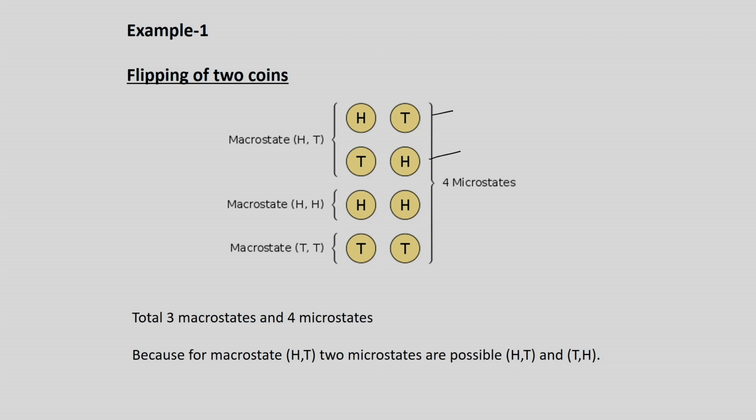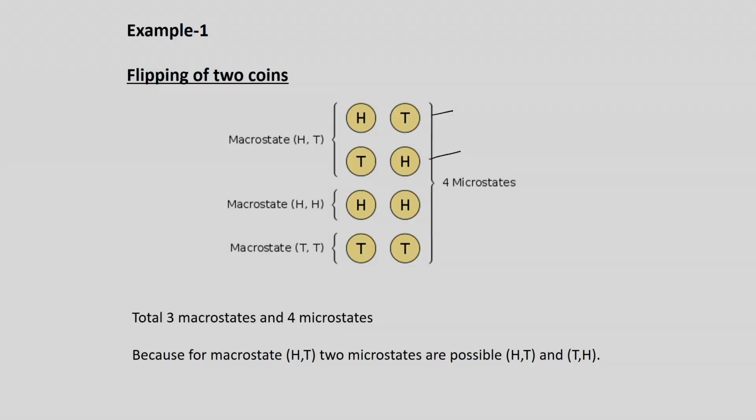So for this macrostate, meaning 1 head and 1 tail, we have 2 microstates: first head then tails, or tails then heads. Similarly, for the macrostate HH, meaning both coins show heads, we have only 1 microstate.